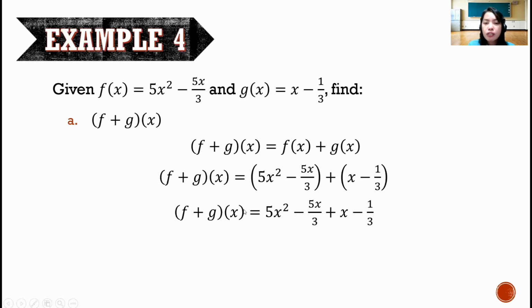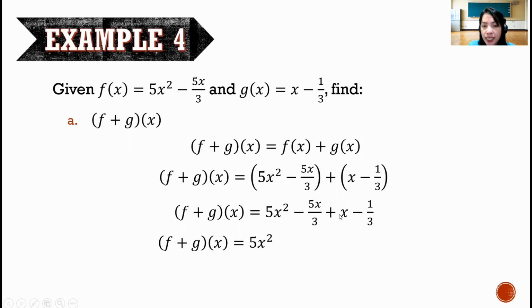After this, you're going to rearrange the terms according to their degrees. So, ang una, 5x squared, yung una. And then, pwede nating i-combine itong negative 5x over 3 plus x. Kung makikita nyo, yung numerical coefficient nito ay 5 over 3.